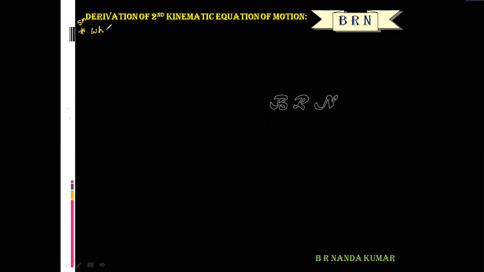Derived equation of motion, that is x is equal to v naught t plus half a t square.